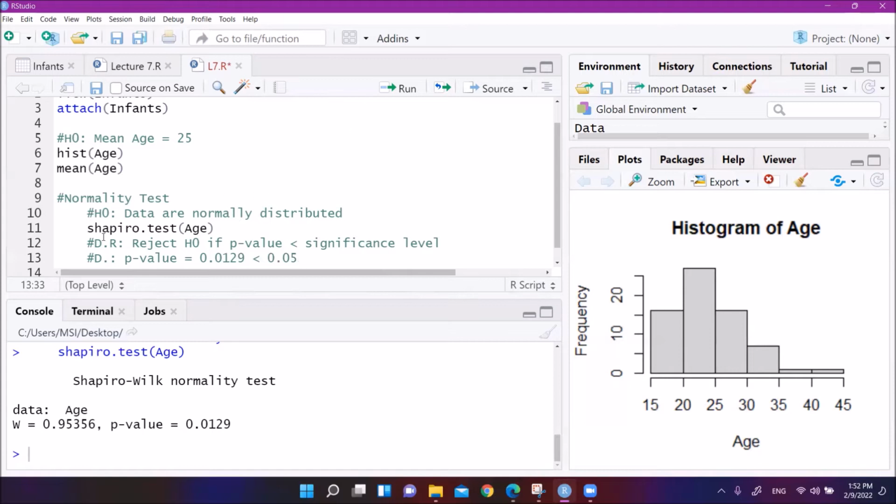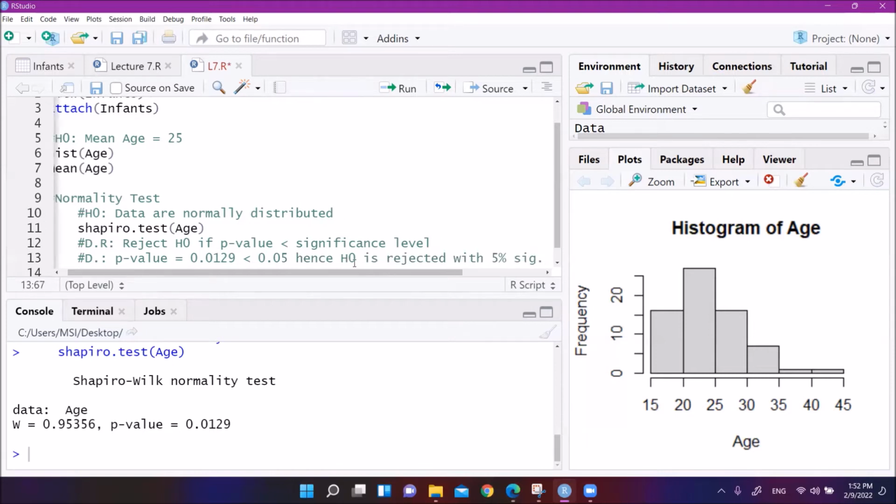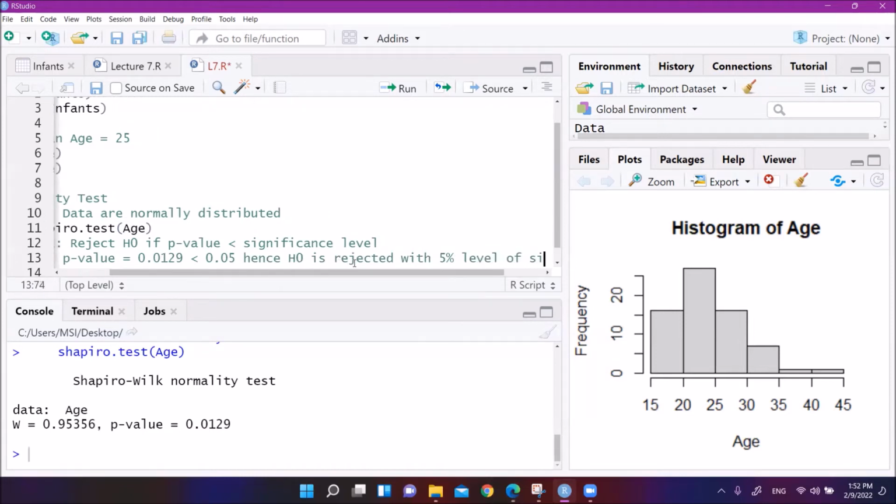So the rule is, reject H naught if this happens. Hence, H naught is rejected with 5% level of significance.